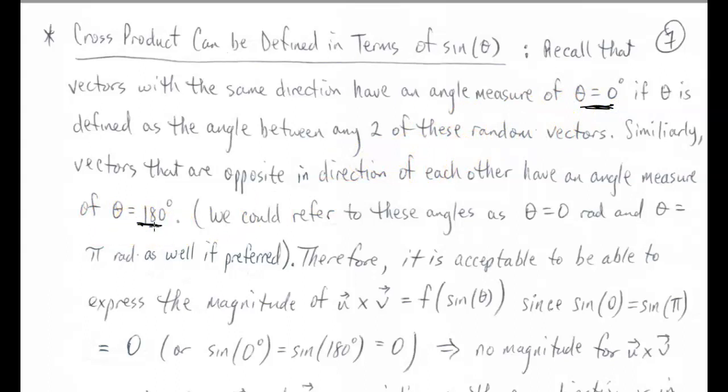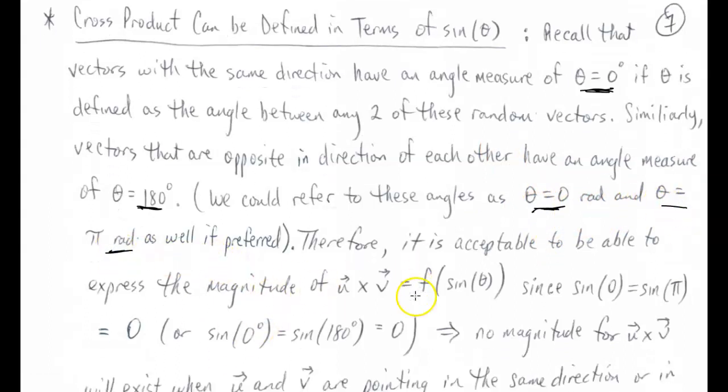The angle measure is 0 degrees if the two vectors are going in the same direction, 180 degrees if they are going in the opposite direction. Again, if you want to talk about it in terms of radians, we can just say 0 radians or pi radians, respectively.